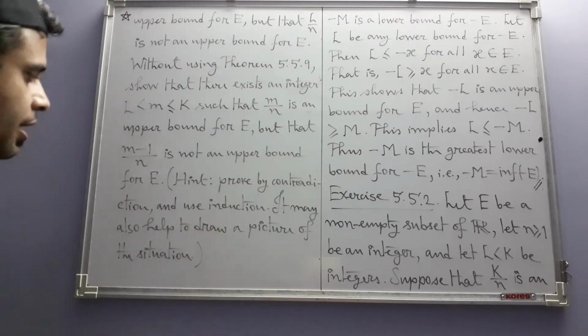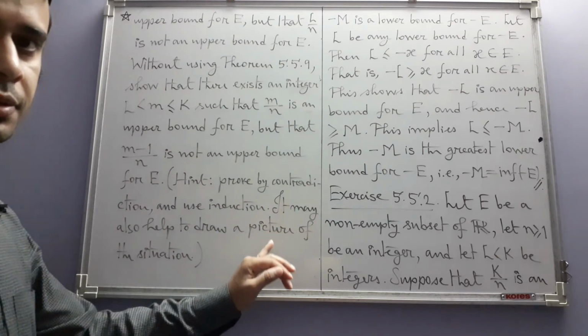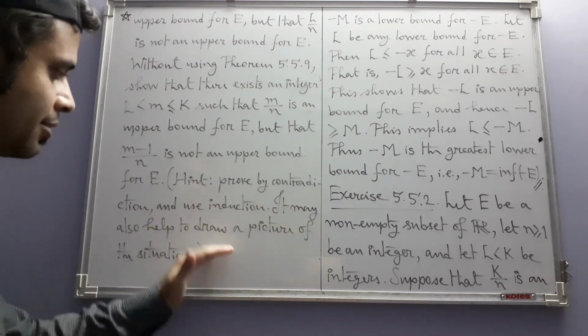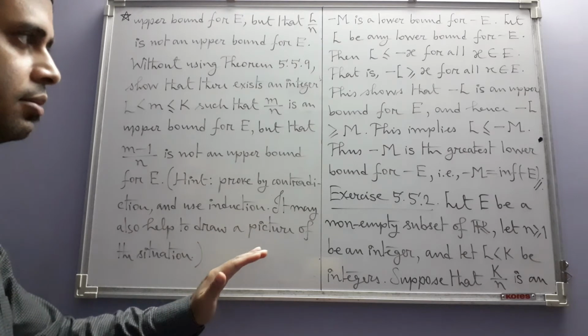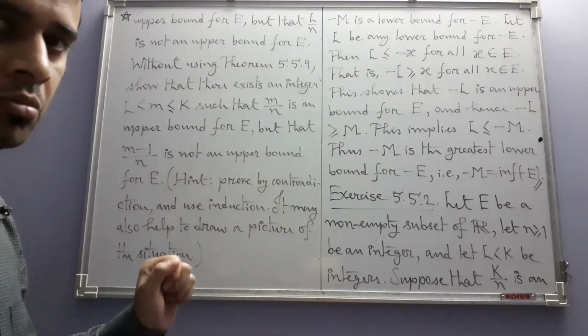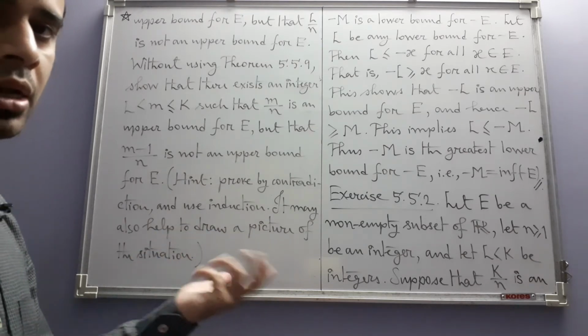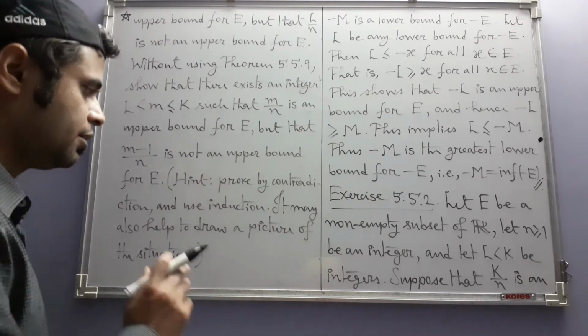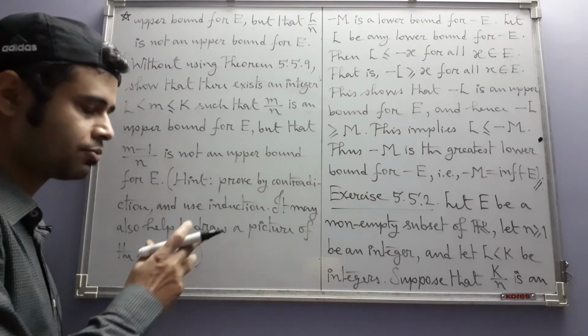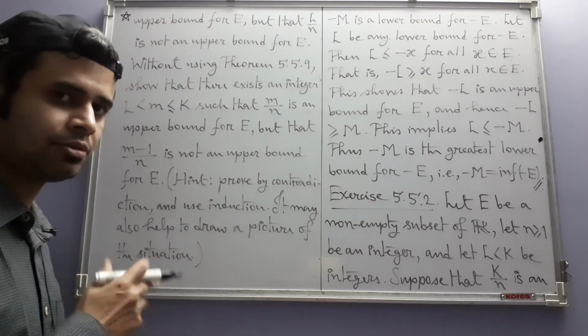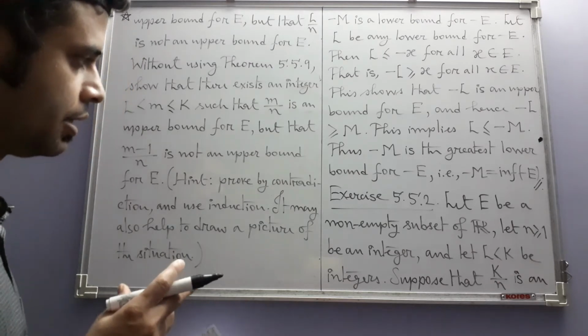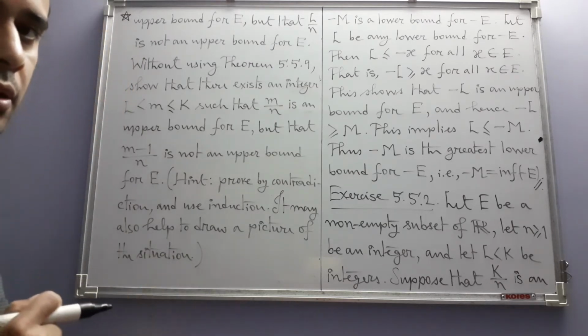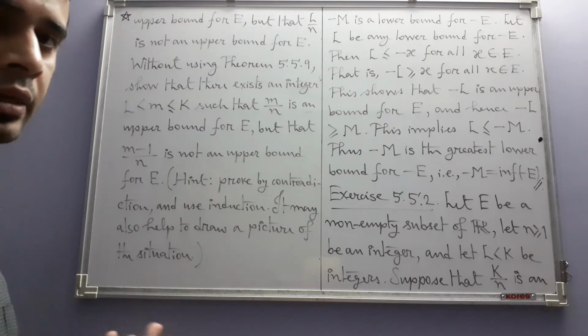This last line of the hint, this second line, is actually a generally useful piece of advice in mathematics and in some other subjects also. If you can draw a picture of the given situation, whatever the situation may be, then that helps a lot instead of simply thinking logically.